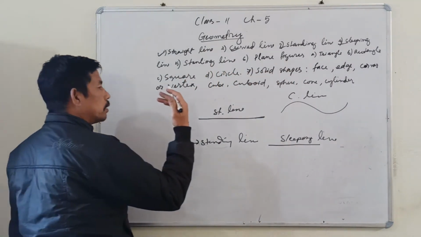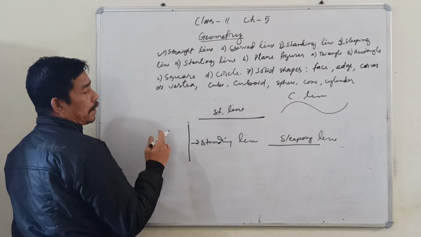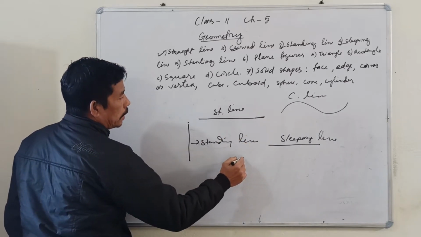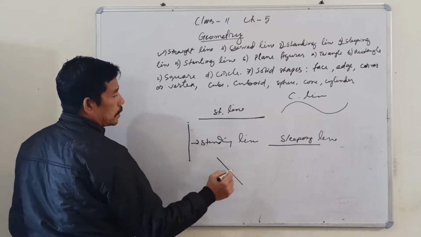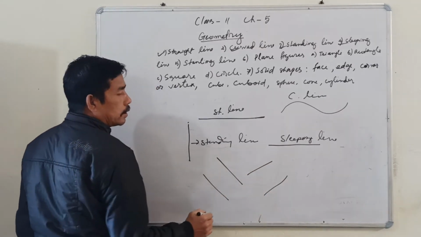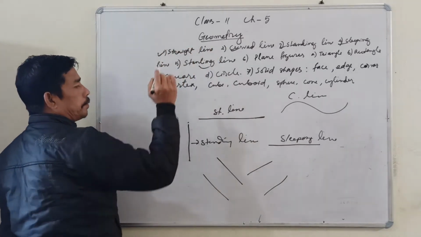If you are neither standing nor sleeping, it can be like this or like this. So such lines are known as slanting lines.